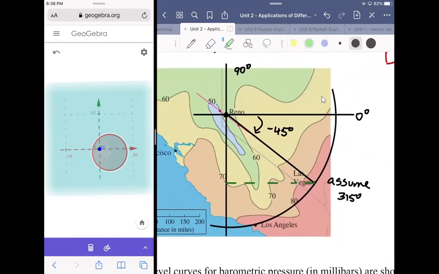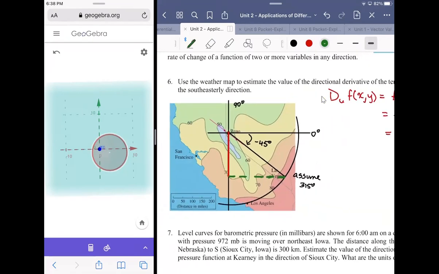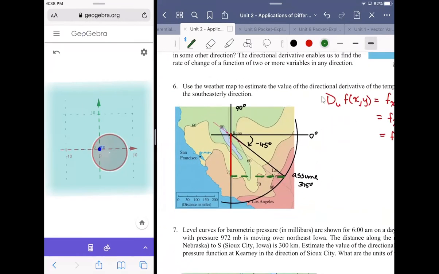All right, so let me get my pen a little thicker here. We're going to account for the vertical movement and the horizontal movement. So again, it's a rate of change of temperature based off of the distance traveled.